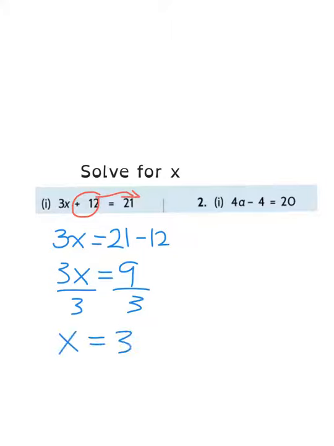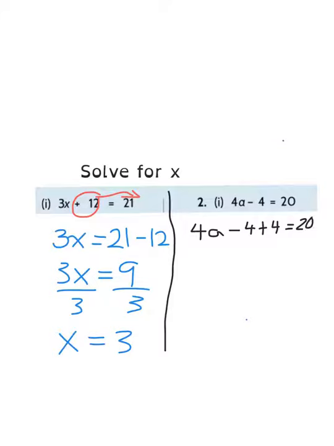Alternatively, I showed you another method of how to do this. So our aim is to get that 4a on its own. What we can do is add 4 to both sides to get rid of the minus 4 on the left hand side.